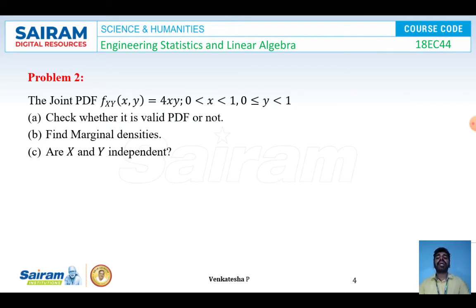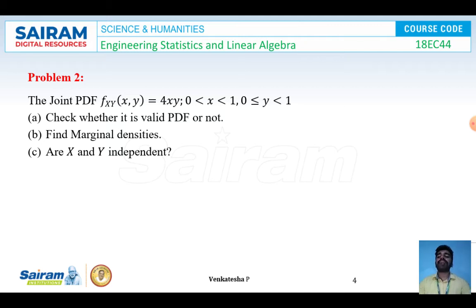So to check whether it is a valid PDF or not, we have to satisfy two conditions. The first condition is the joint PDF f(xy) of x comma y must be greater than or equal to 0. I mean it must be non-negative, and the total volume of the joint PDF must be equal to unity. So if we prove this condition, we can say the given joint PDF is a valid PDF function.